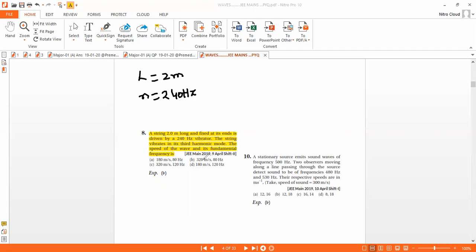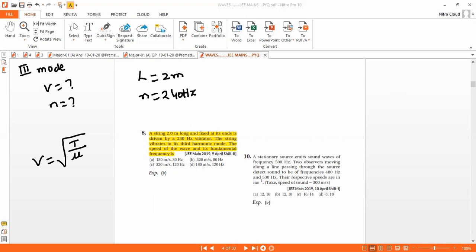The string vibrates in the third mode. We need the speed of the wave and its fundamental frequency. Speed of a wave I can write as under root T by mu, where mu defines the linear density.